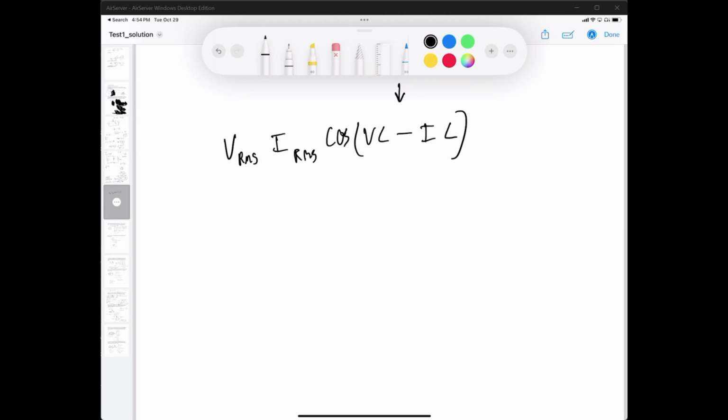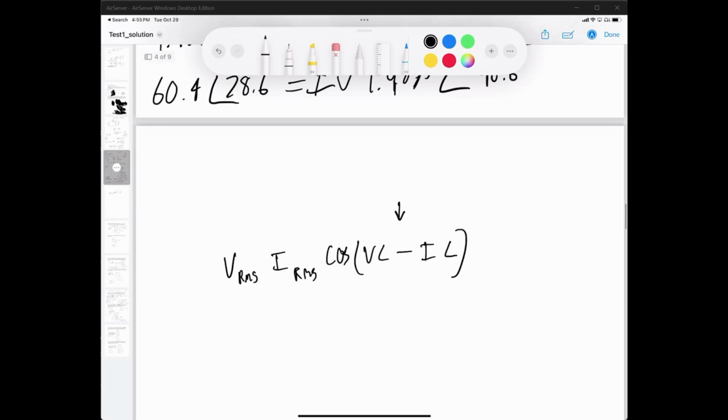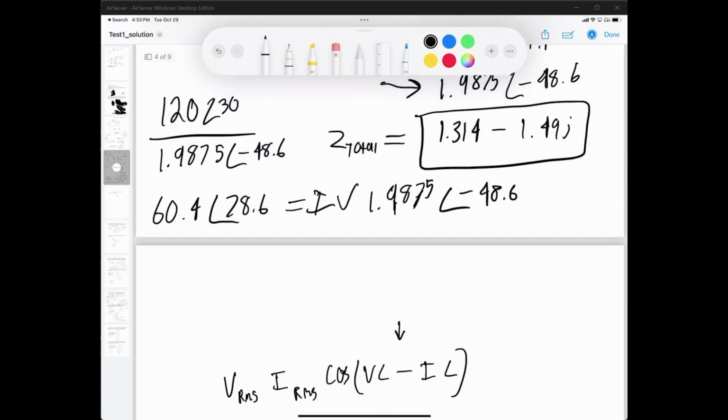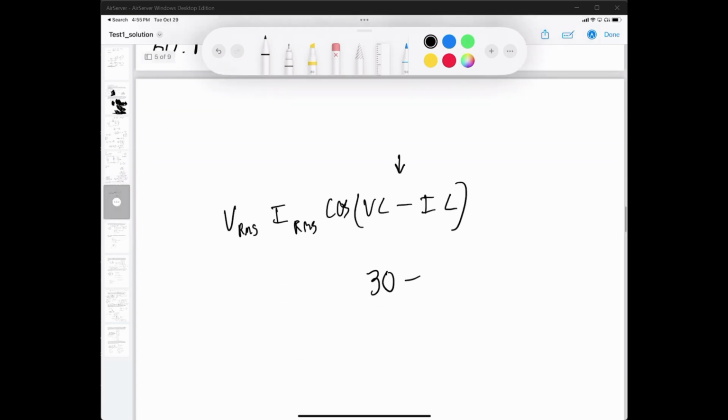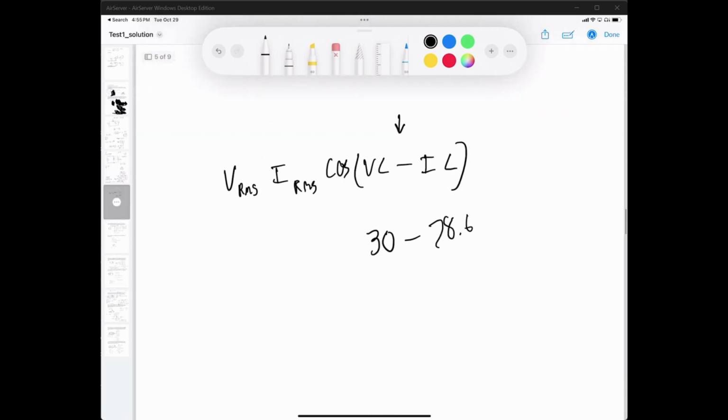And the power factor really determines what is going to be useful as power when the voltage and current are lagging. So we know that the angle of voltage is 30 minus the angle of current, 78.6, which should be our resistance value, negative 48.6, which it looks like it is.